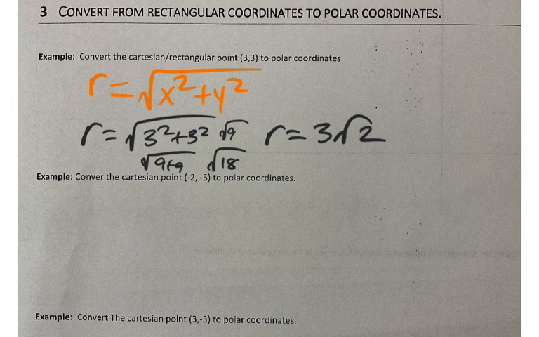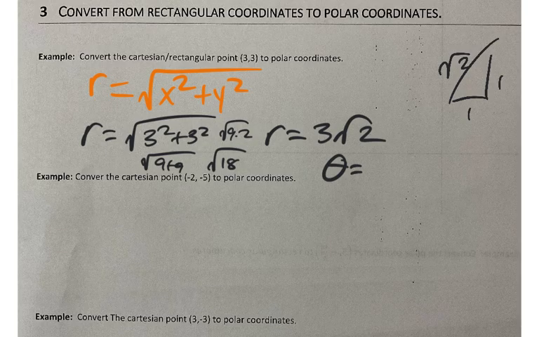What's 18? 9 times 2. The square root of 9, 3 comes out. Radical 2. It's also 45, 45, 90, which means normally if the sides are 1, the hypotenuse is radical 2. So you multiply the leg by... Doesn't matter. You can just plug into the Pythagorean theorem and get 3 radical 2.